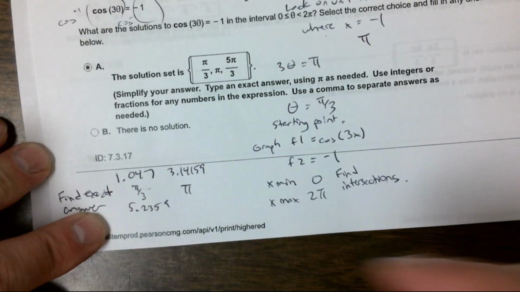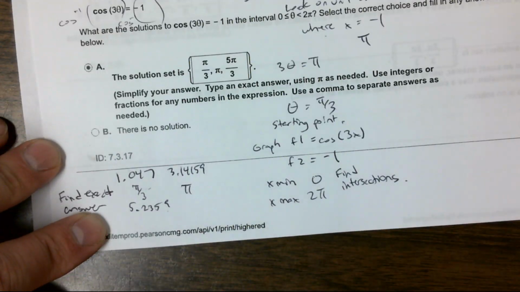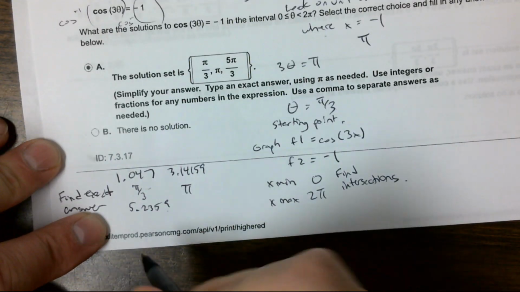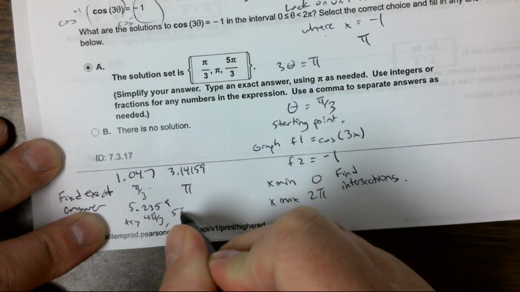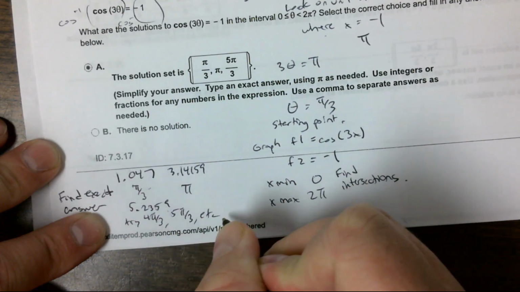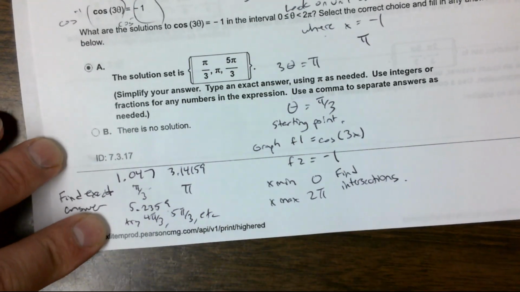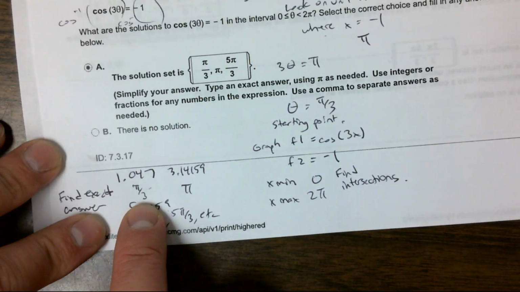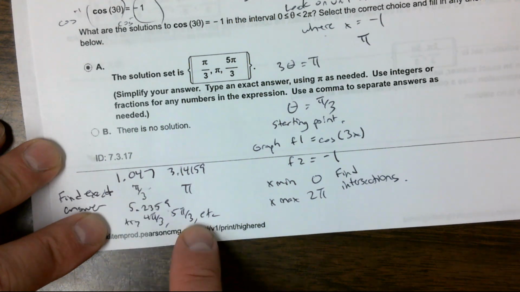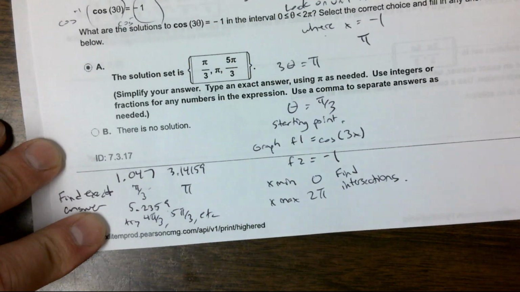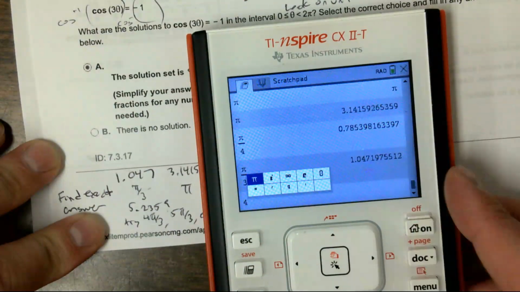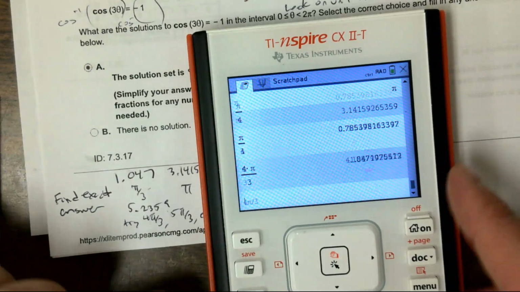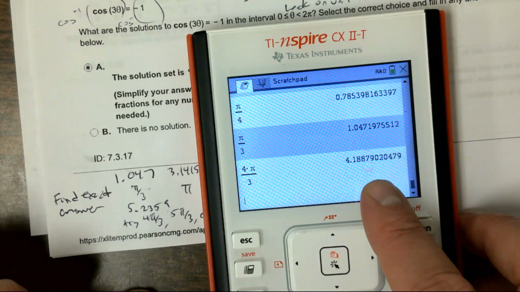Now, for one like that, that's not that obvious, you may want to say try 4 pi thirds, try 5 pi thirds, etc. If you have one that's a 3 down here, then the other one probably is also. So if we go to 4 pi thirds, it looks like 4.19.